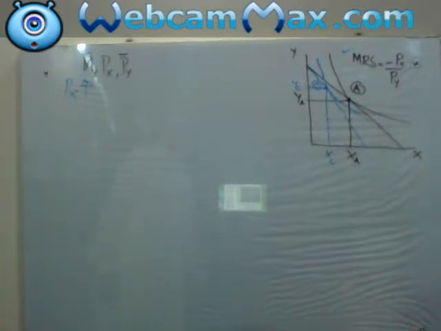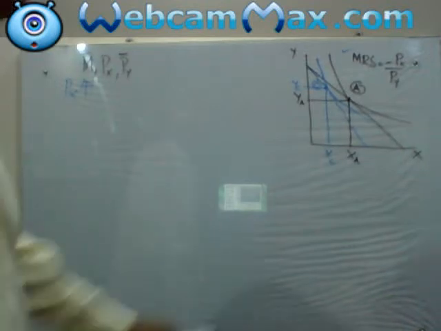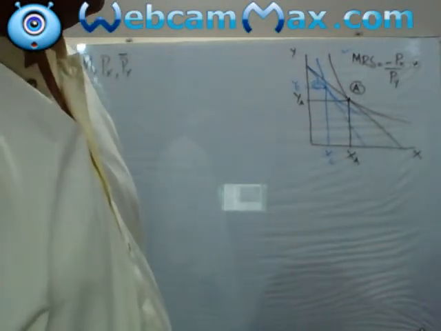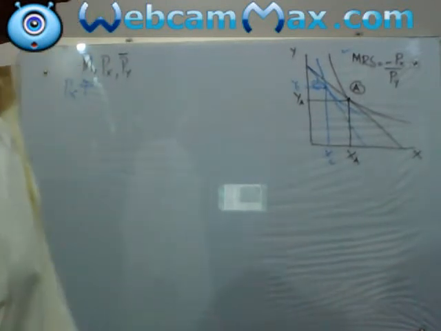Now as I told you earlier, with an increase in price of x, two things happen simultaneously. First, the consumer's real income changes, and second, the market price ratio changes. Because of these two effects, the consumer moves from point A to point C. Now A to C is because of the change in real income and change in price ratio.